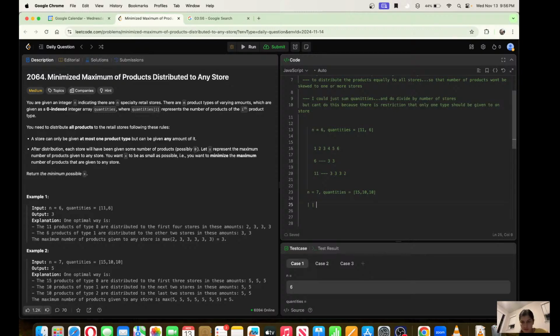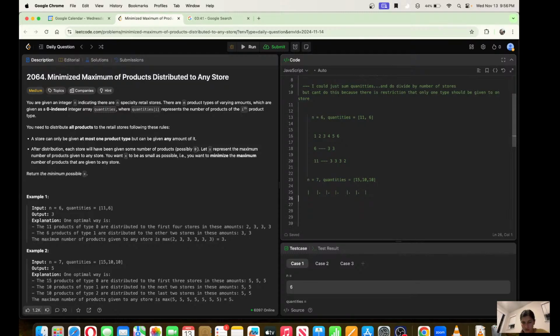I have 1 2 3 4 5 6 and 7 stores, right? So and I have to distribute everything to 7 stores.